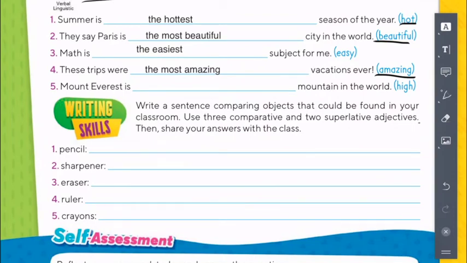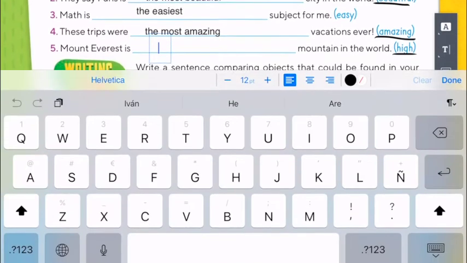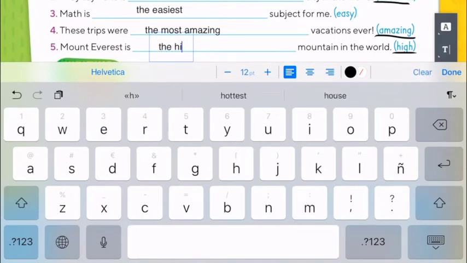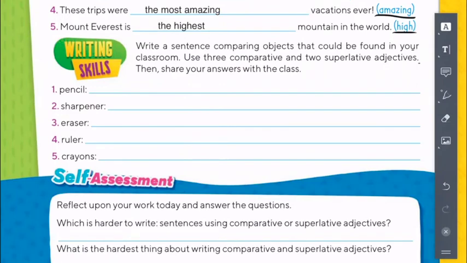Mount Everest is the mountain in the world. And we have the adjective high. So, is it the most high or the highest? The highest. Good. Because it only has 1 syllable. Perfect. And we finish the first activity.